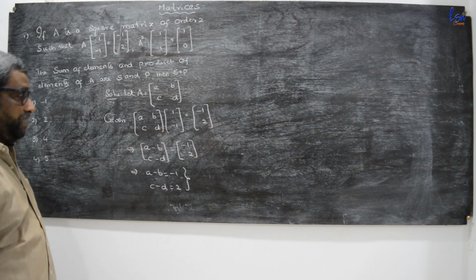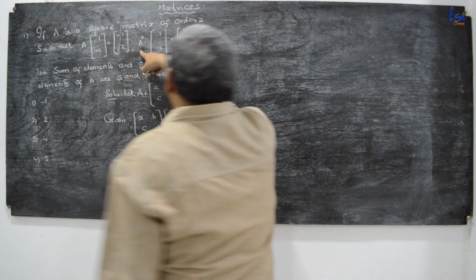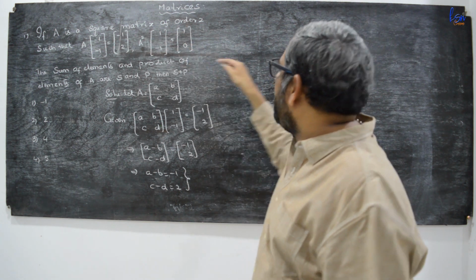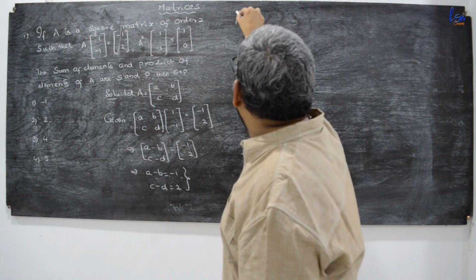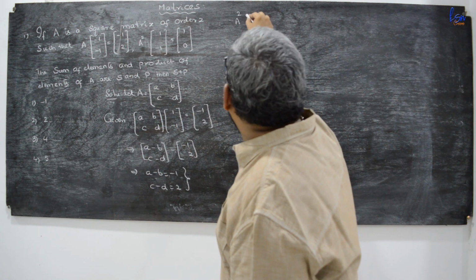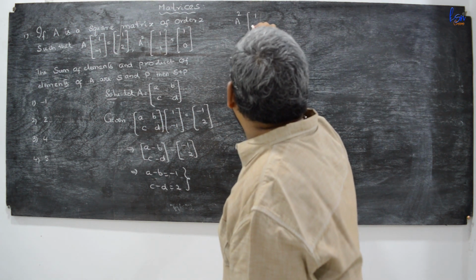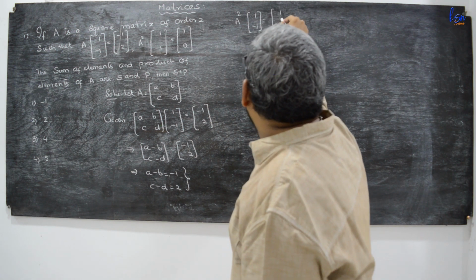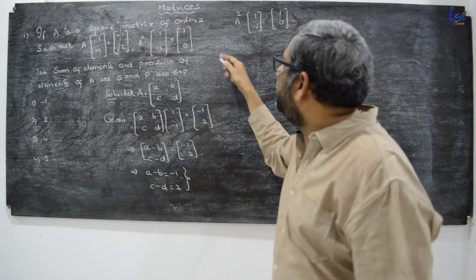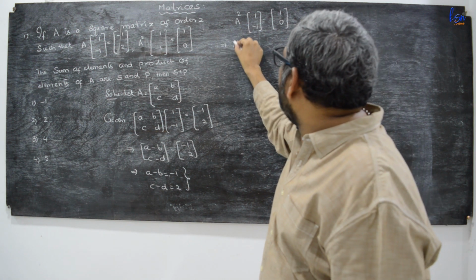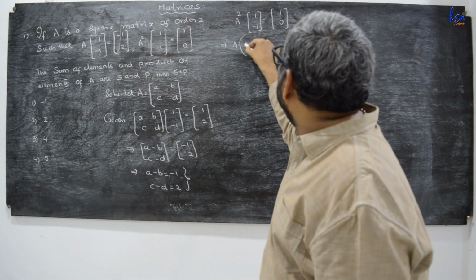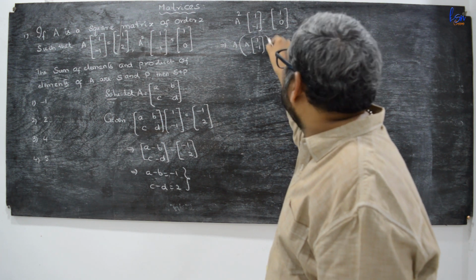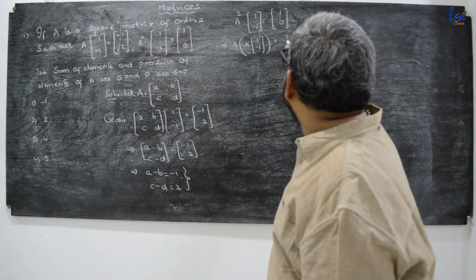You can take these two equations. It is also given that A squared into (1, -1) is equal to (1, 0).